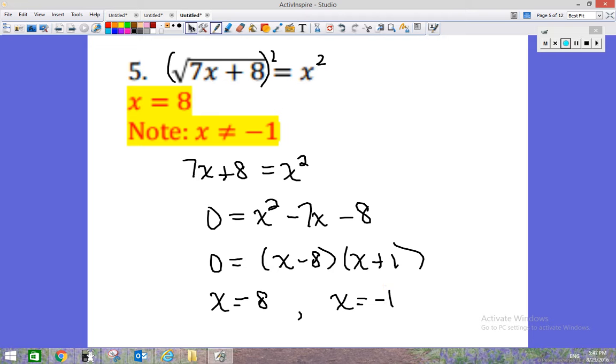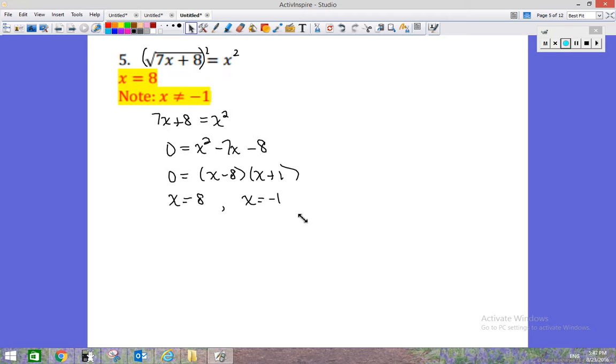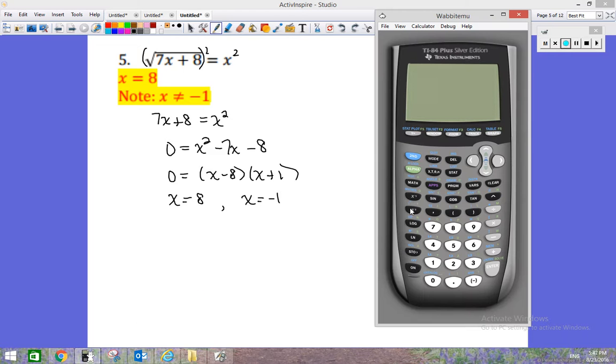So if we plug in 8, what happens? Well, let's do it on the calculator real quick. On the left hand side, we have the square root of 7 times 8 plus 8. Okay. Well, hey, that equaled 8, and the claim was that it would equal x, and x is 8, so this guy does check.